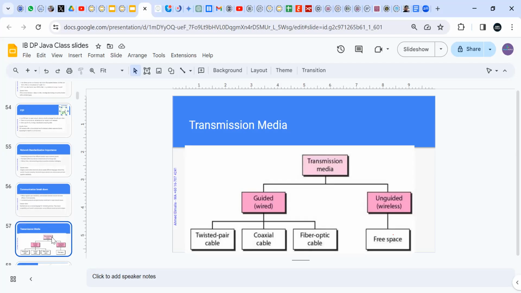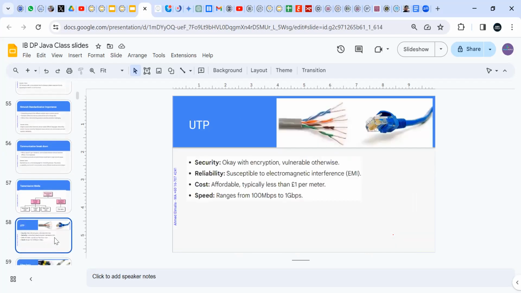Twisted pairs, did you hear about them? Yes, and coaxial. Yeah, I've heard of those as well. Okay, now if you look at this UTP, can you recognize it? Yes. The cost of UTP cables is actually quite cheap.